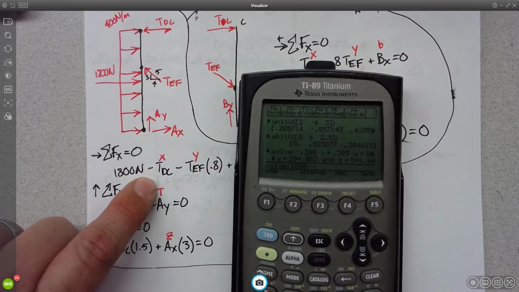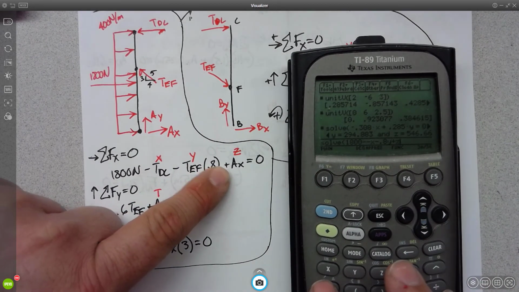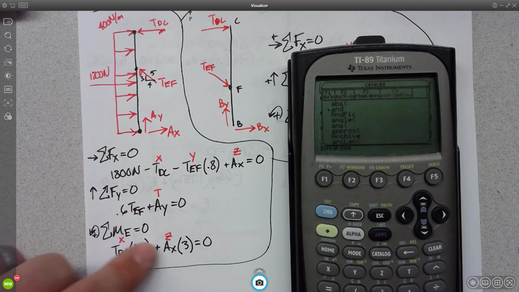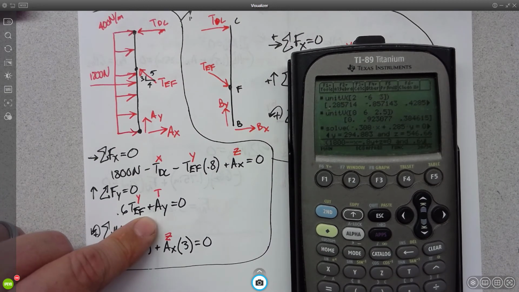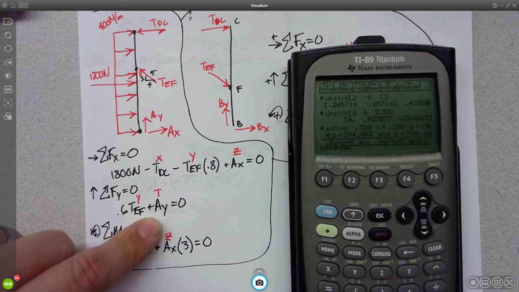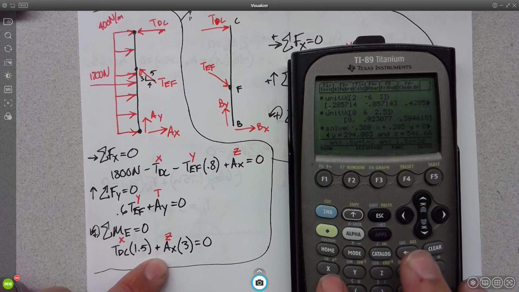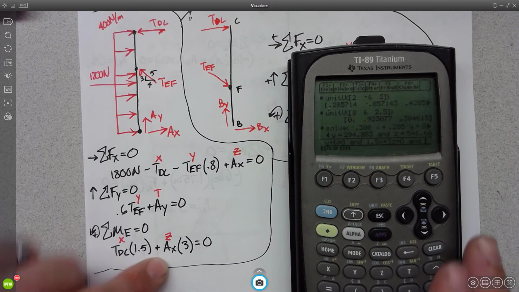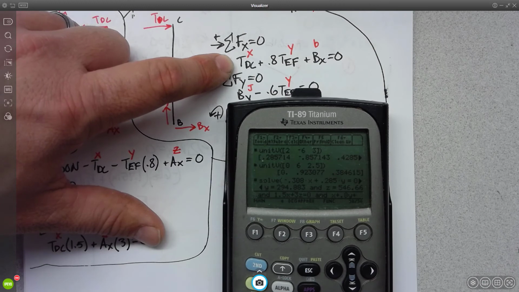Ready? 1800 minus X minus 0.8Y plus Z equals 0. And 0.6, uh-oh, forgot to put my Y on here. 0.6Y plus T equals 0. And 1.5X plus 3Z equals 0. And moving up here, X plus 0.8Y plus b equals 0.